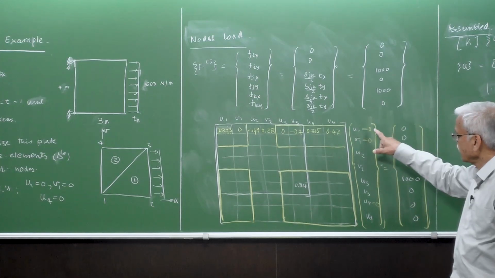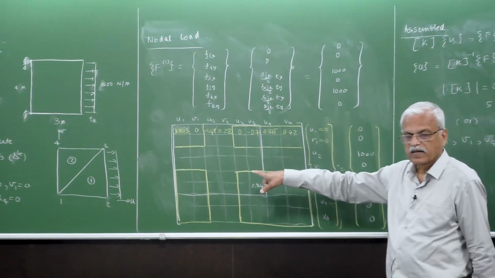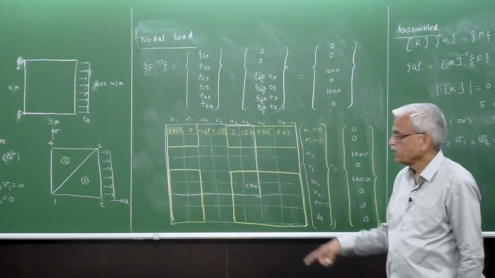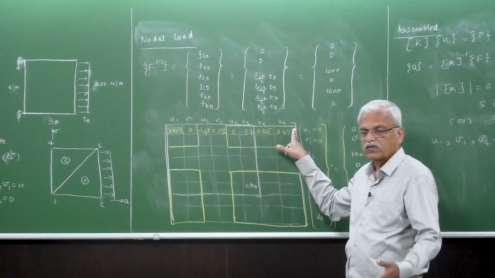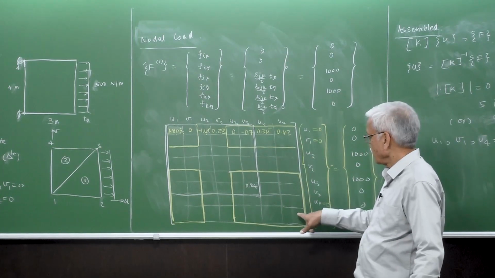They have to be constrained as 0 as given by the displacement boundary conditions. So you can see that minimization with respect to u1 is not valid because u1 cannot be varied, neither can v1 nor u4.